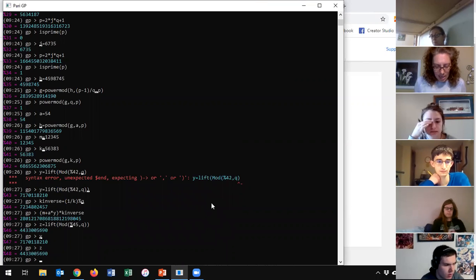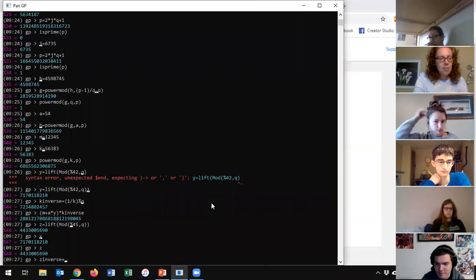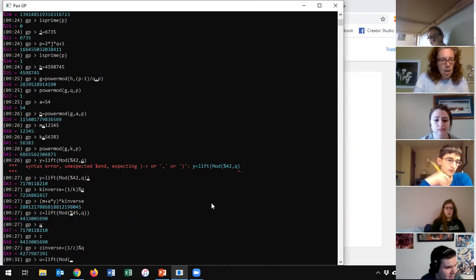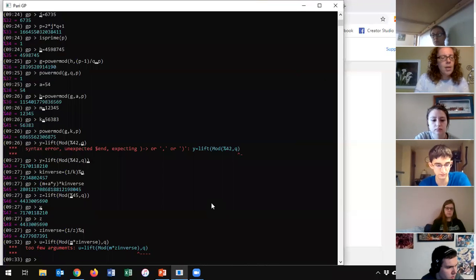So I need Z inverse, so we'll do 1 over Z mod Q. All right, and then I need U, so we'll do lift mod. M times Z inverse, and then we want to do that mod Q. Oh, parentheses again, sorry.